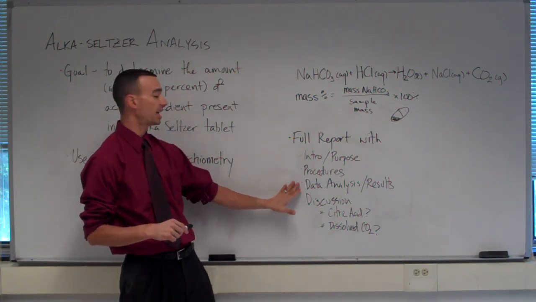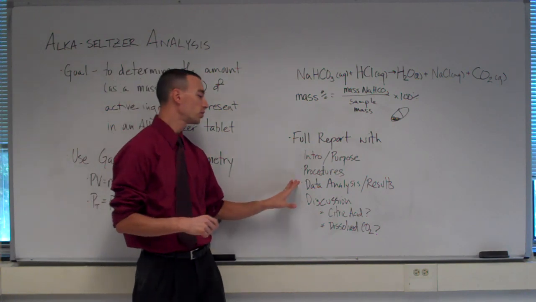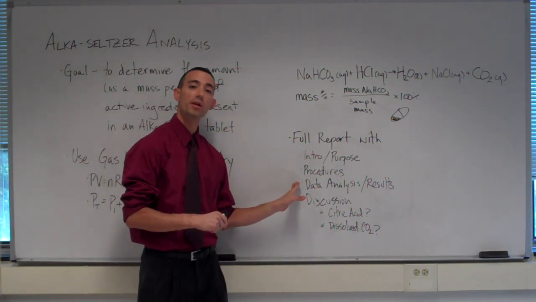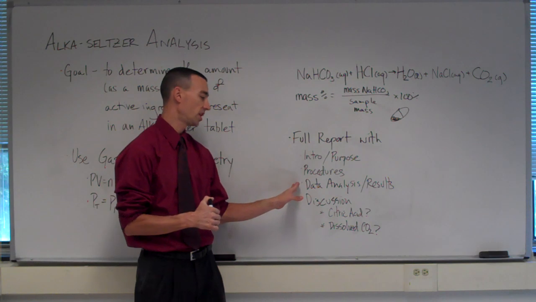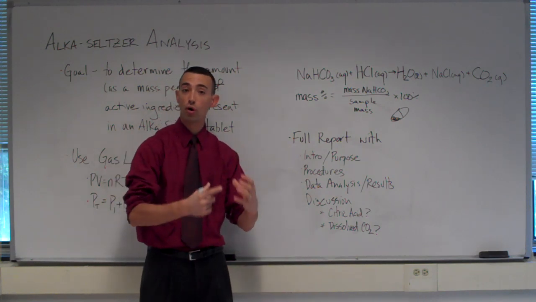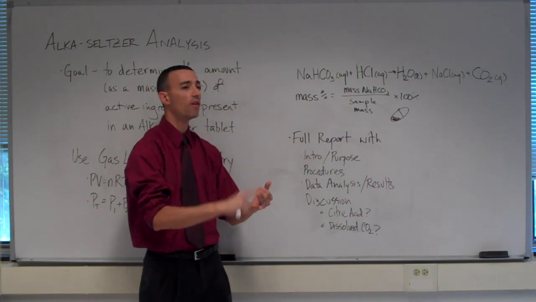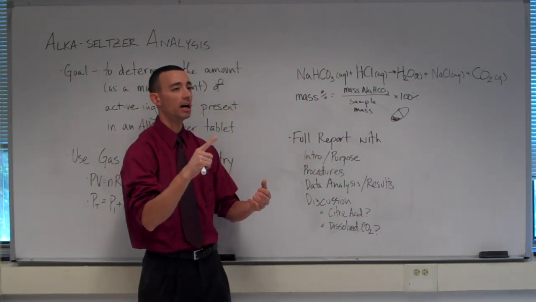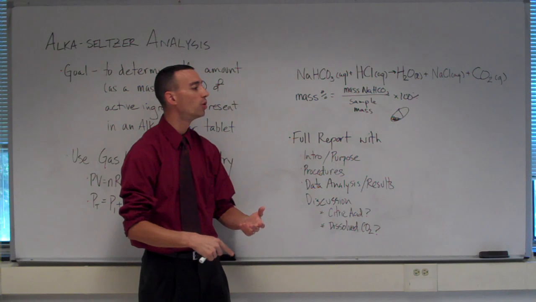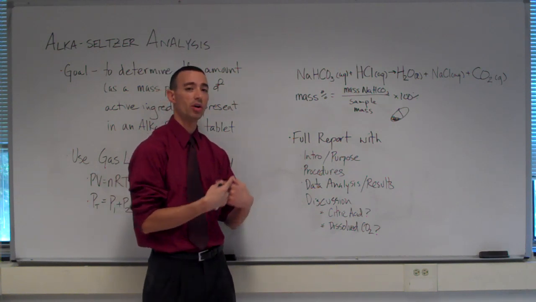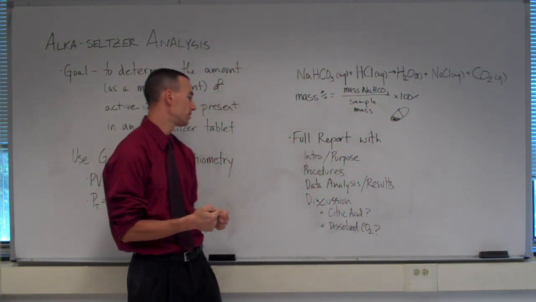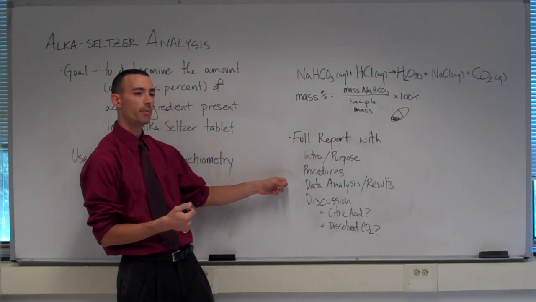Data analysis and results. This is where you'll use the data template available in the usual data location to present first the raw data that you've collected, values for temperature, volume of gas, atmospheric pressure of the room, any experimental number that you collected in the lab, okay, will be presented in table format.